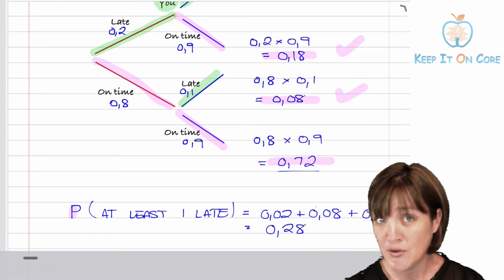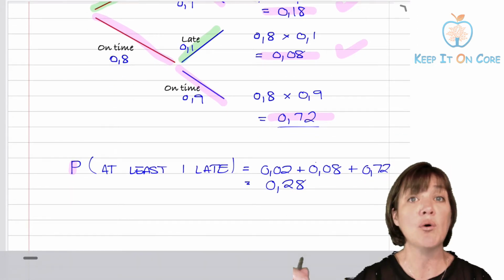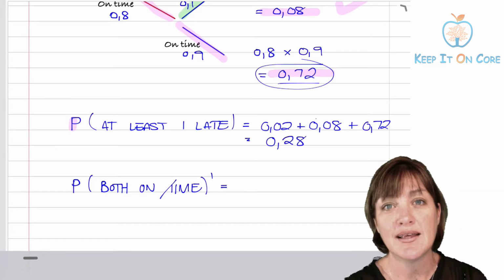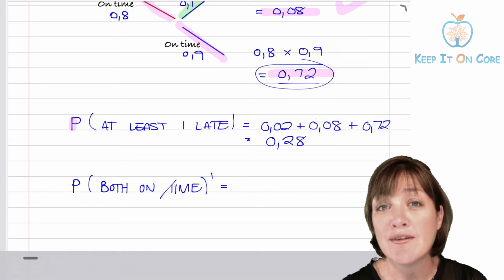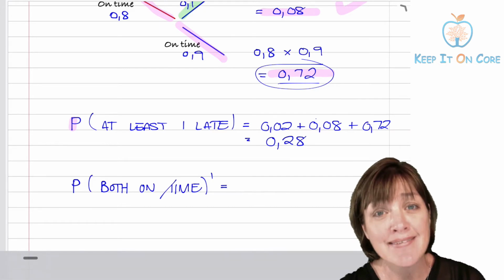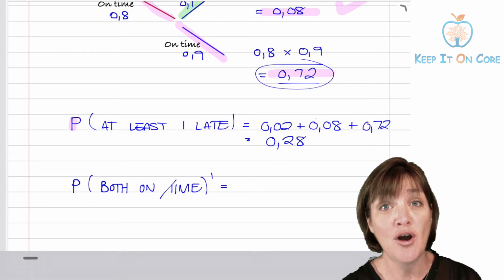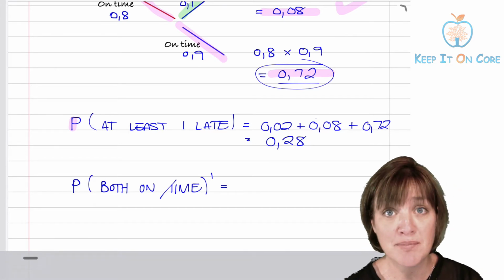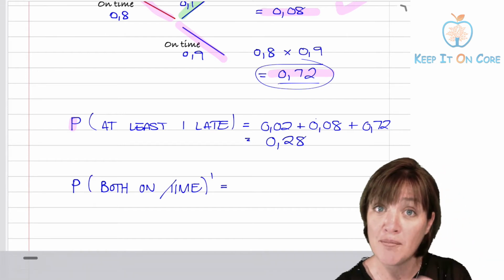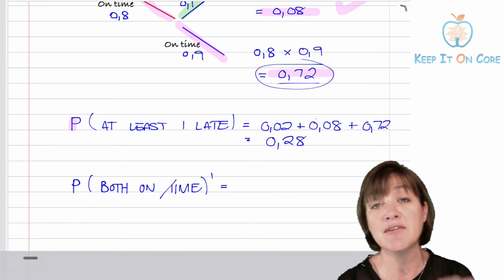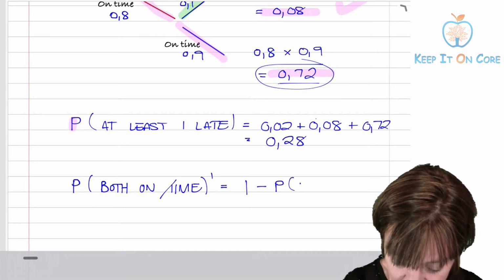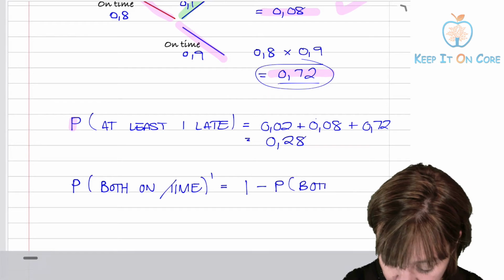Now, there's another way you could have done that, all right? Instead of adding up all the different values where one of you is late, what about this as an option? The probability of at least one of you being late is going to be the same as the probability of both of you not being on time, okay? So if that's the case, the way we work with those complementary events is we say the probability of us both not being on time is the same as 1 minus the probability of us both being on time.